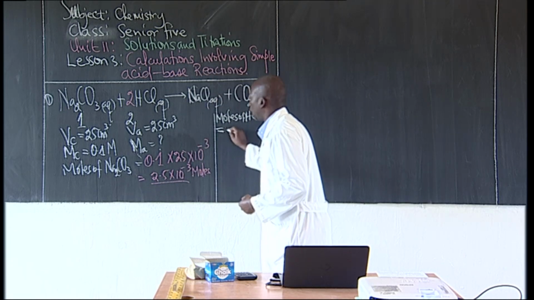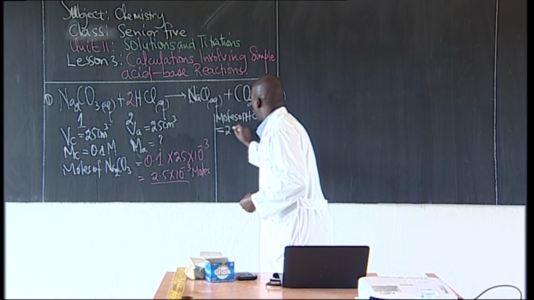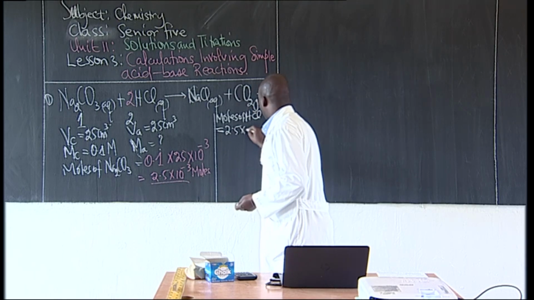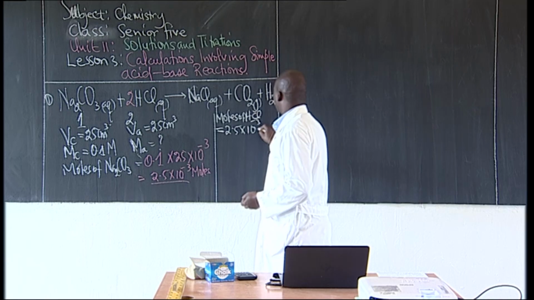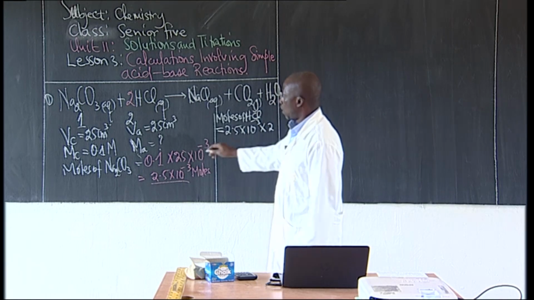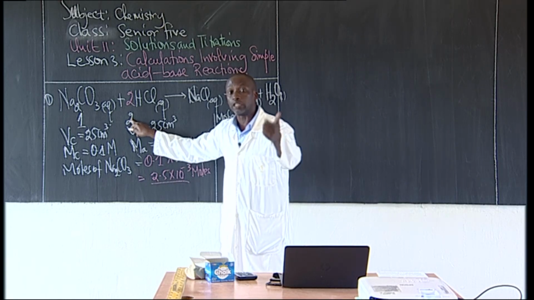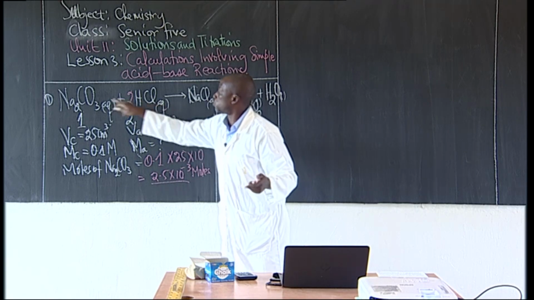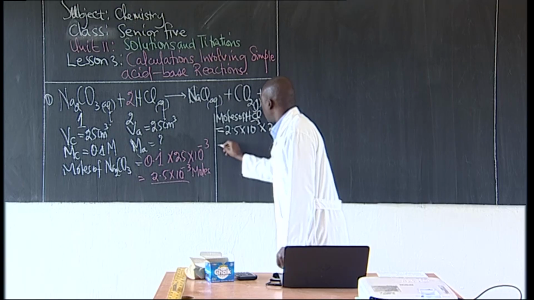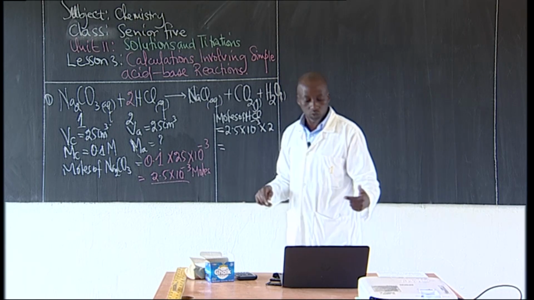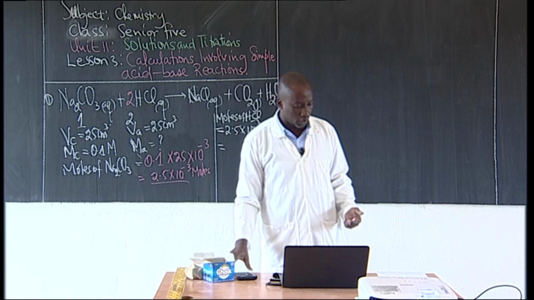So we are going to say this is 2.5 times 10 to the power negative 3 times 2, according to the reaction ratio. We are multiplying by 2, because this is twice this. And what do we get?